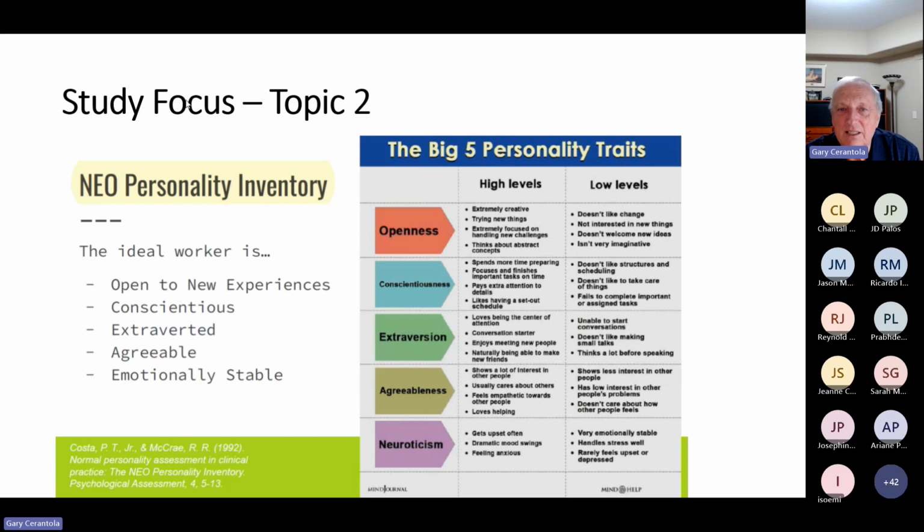Okay, and again, this NEO personality inventory, NEO meaning new, or new experiences. The big 5 personality traits is a very common platform used in business. If you Google big 5 personality traits, you'll find a whole list of information on that. So it's good to know about this particular test and these attributes of that personal inventory, and how that leads into what kind of effective manager you can be.